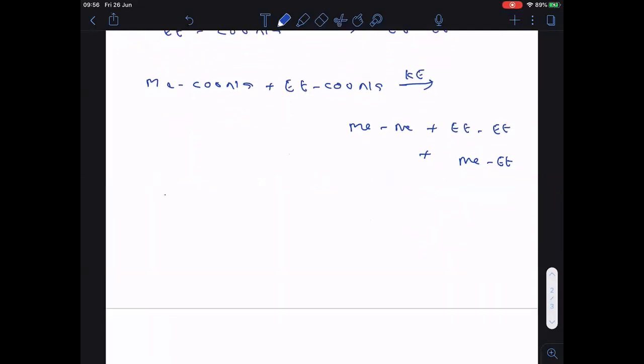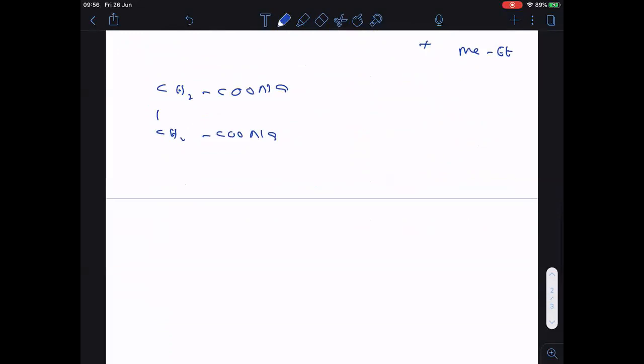Finished? Now, if a compound is given like this, CH2COONa, similarly here also CH2COONa. First of all, what is the name of this reactant that we are going to see? Name of this reactant is sodium succinate.